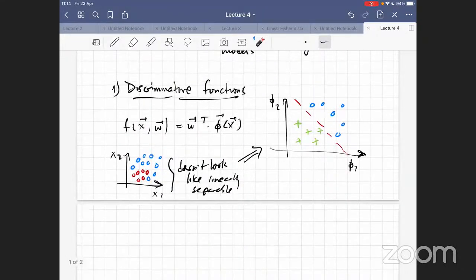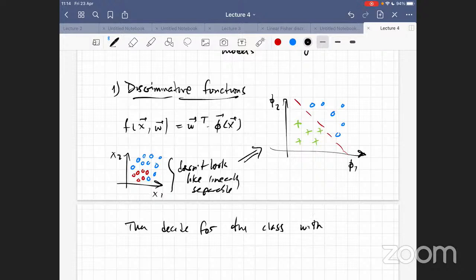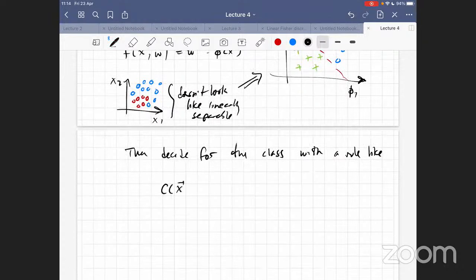So assuming you are already in phi space, in this feature space, and then you can model this decision boundary that I draw here as a linear function in a very similar way, then a possible strategy is to decide for the class with a simple rule like, for example, the class of my input will be class 1 if my function is smaller or equal to 0, and class 2 otherwise.